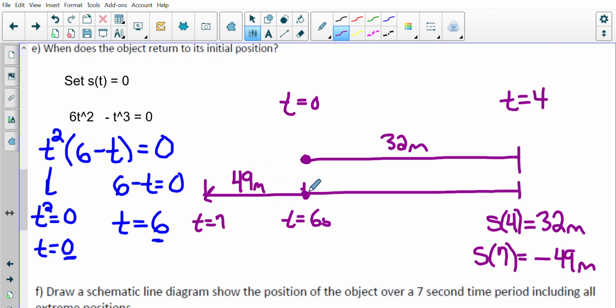So in 1 second there, from 6 seconds to 7 seconds, it went 49 meters to the left. And again, that's just getting all that information from our derivatives. And again, your distance function, when you find the rate of change of distance with respect to time, you've got velocity. And when you find the derivative of velocity, which is the change in velocity with respect to time, that's acceleration.